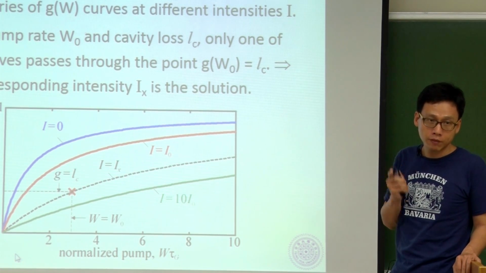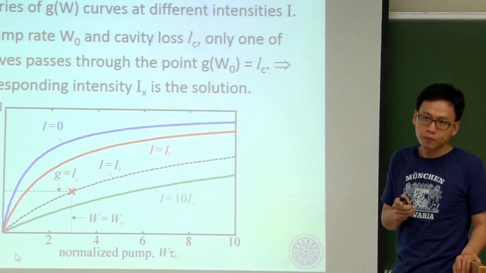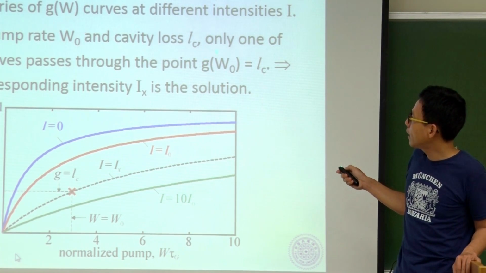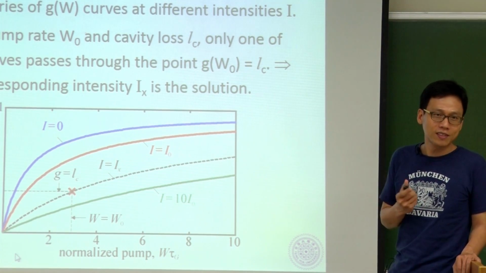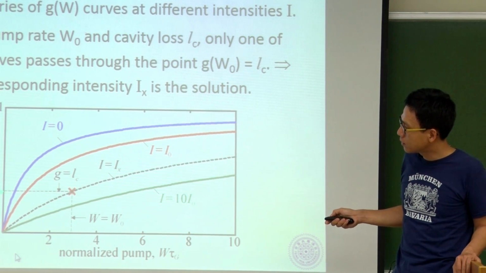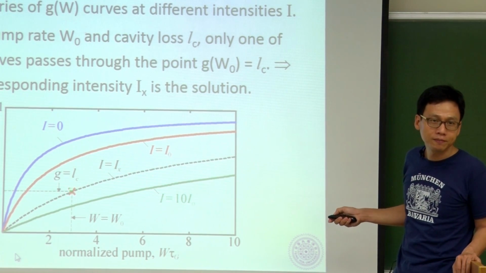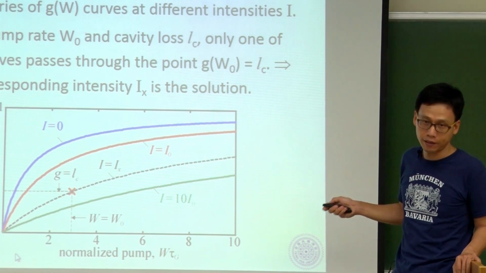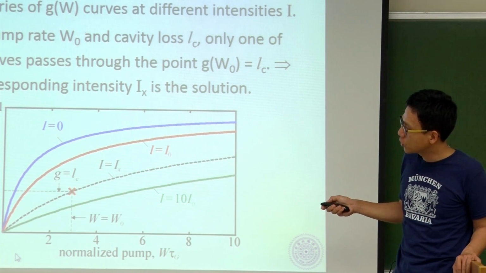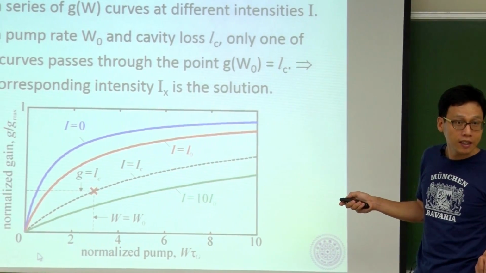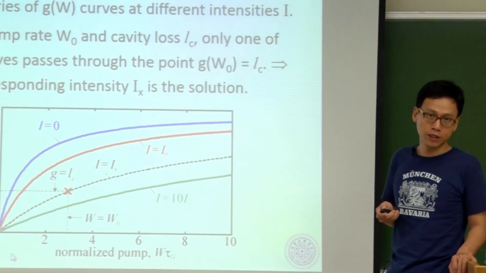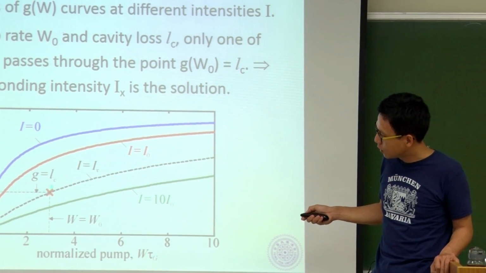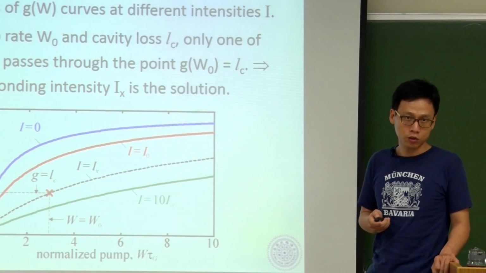If you know the cavity loss, LC, you know in steady state, the gain has to be equal to the loss. So you can determine the vertical coordinate. Okay? Vertical coordinate is about normalized gain, just substitute G equals LC. You can know the vertical coordinate. Then you can locate a single point, say, represented by this red cross.